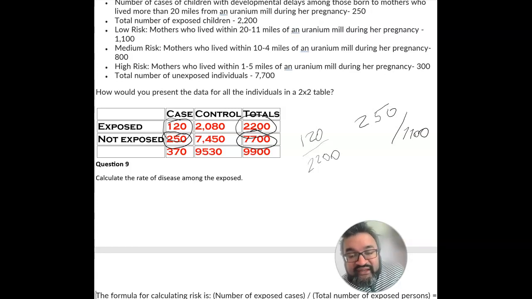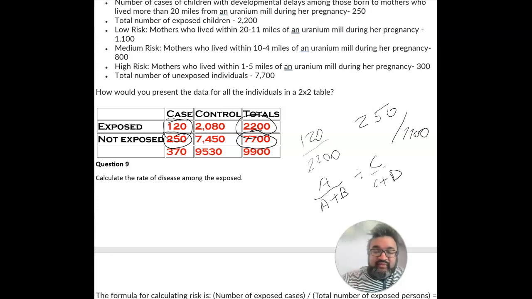So now you're trying to calculate relative risk, and again, you know the meaning now. Let's do the formula here. Usually the way to remember this is A divided by A plus B, and then you divide that by C over C plus D. So what does this mean?